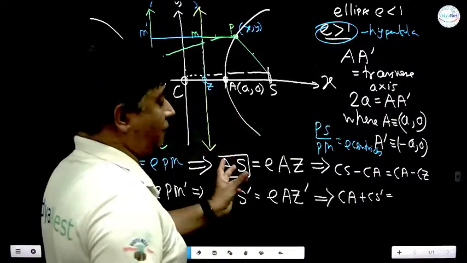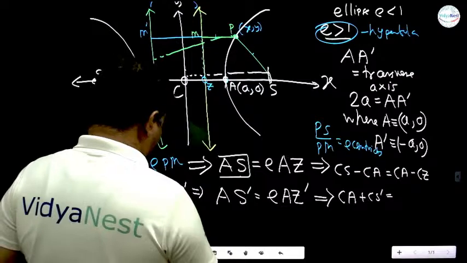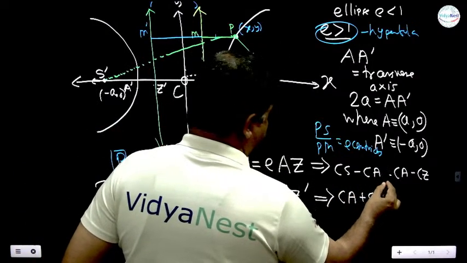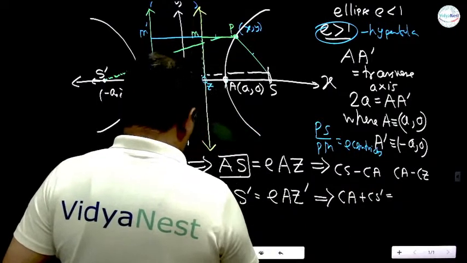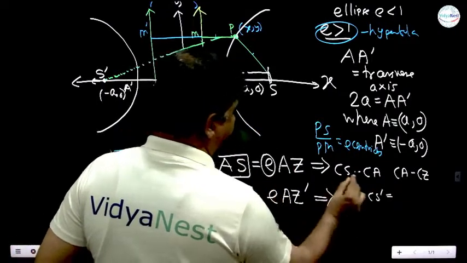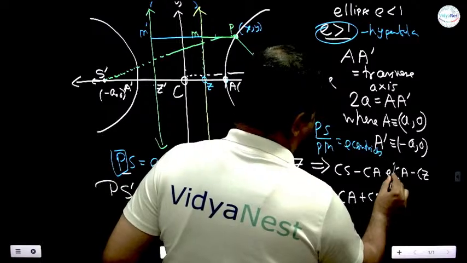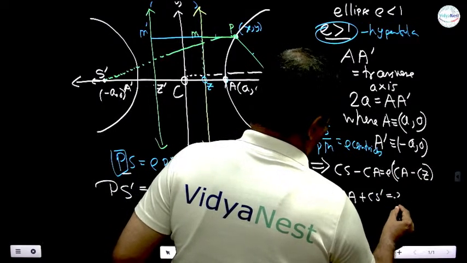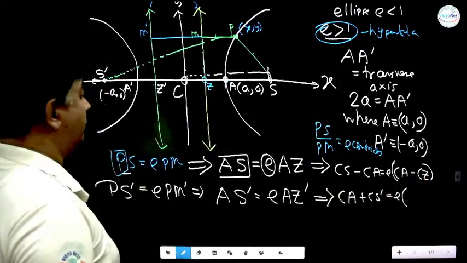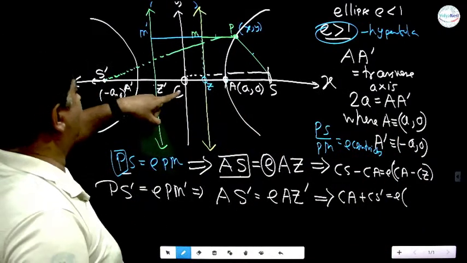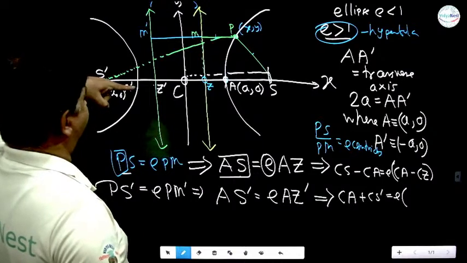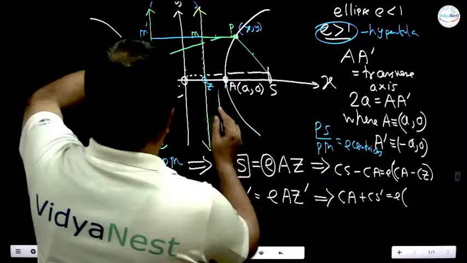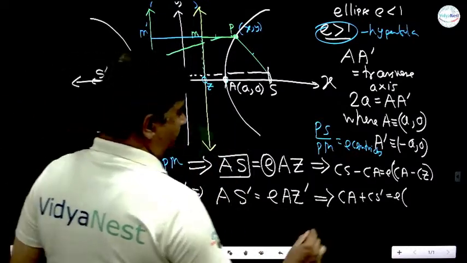One thing I forgot to write, that E. That is CA plus CZ dash.